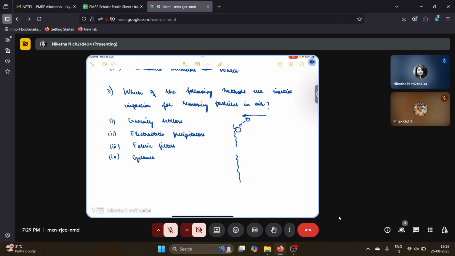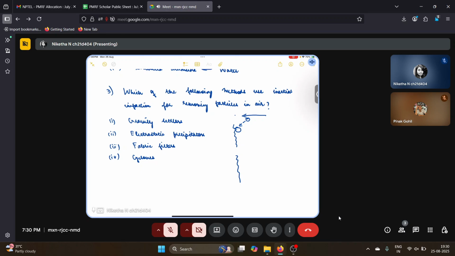So, like I said, inertial impaction is where both inertia and impaction happen at the same time. Inertia is where if you have wind flowing in a particular direction, as the wind velocity becomes low, because of the weight of the particle, inertial forces will not allow the particle to move with the wind. So it will tend to stay where it is.